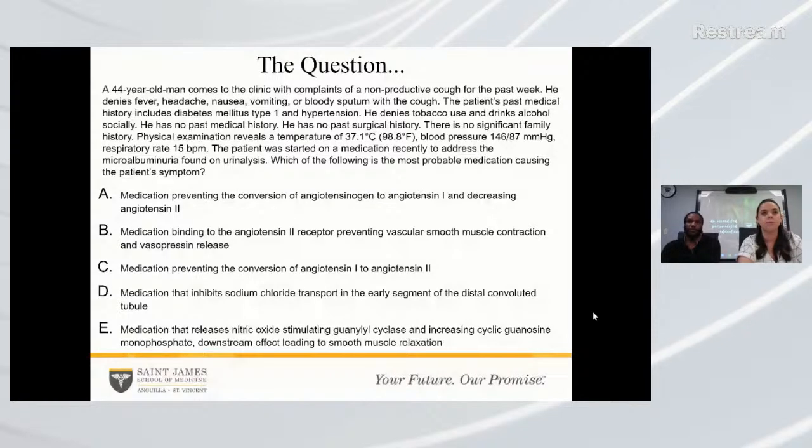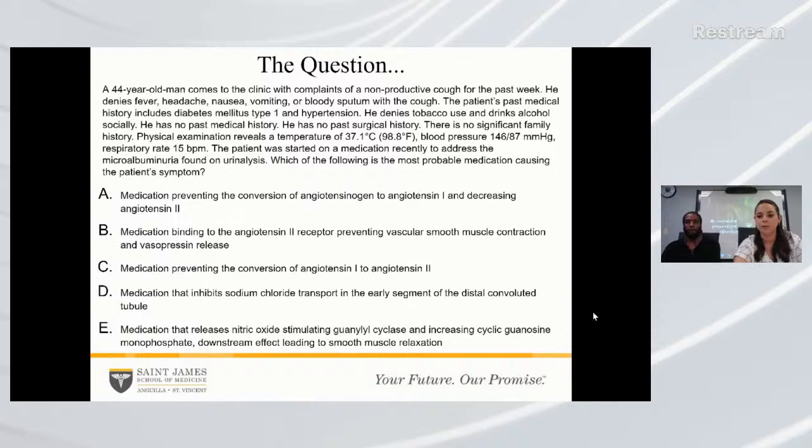So obviously, from the actual question and the answer choices provided, we know that it is due to a medication side effect. So then the question becomes, which medication could this patient possibly have been put on whose side effect is a non-productive cough?